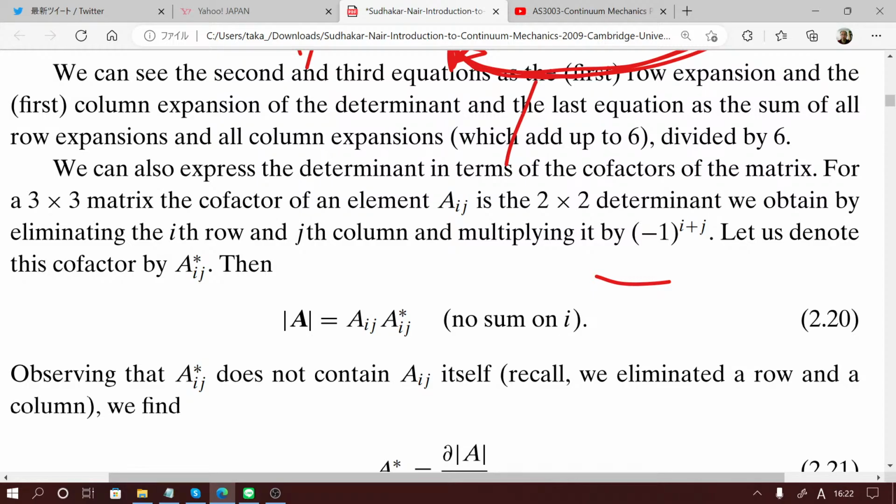Let us denote this cofactor by Aij star. Determinant A is Aij times cofactor Aij star, no sum on i.